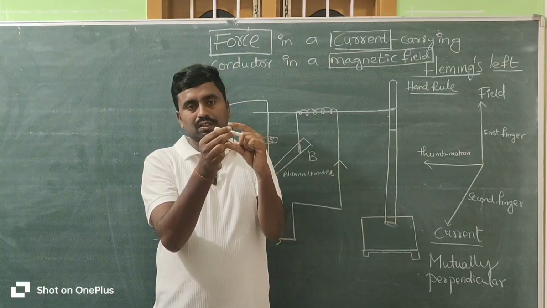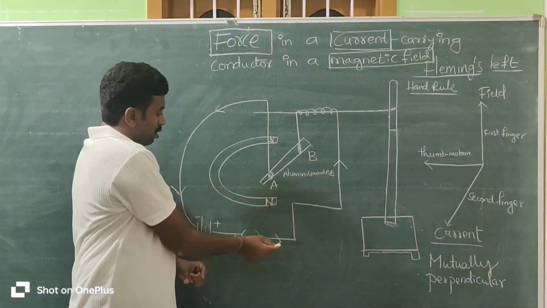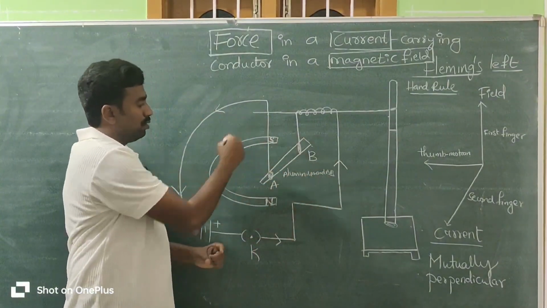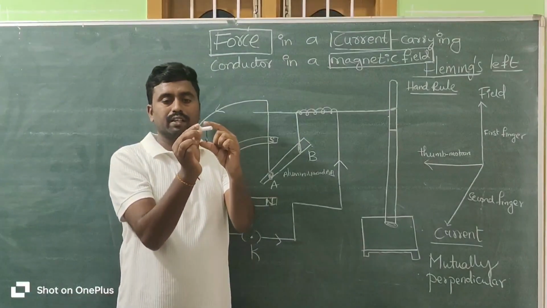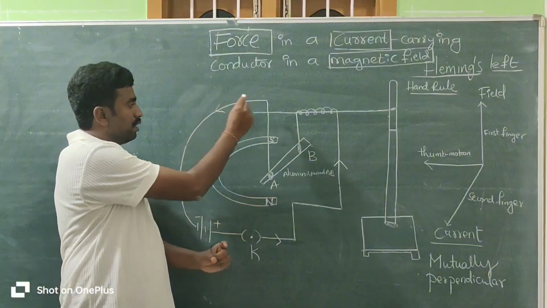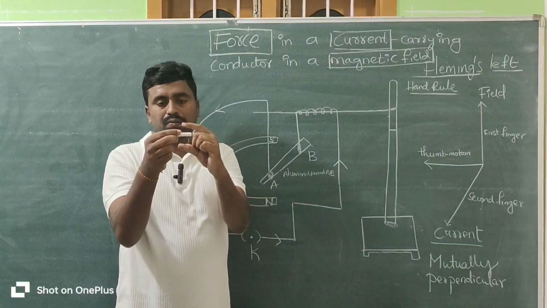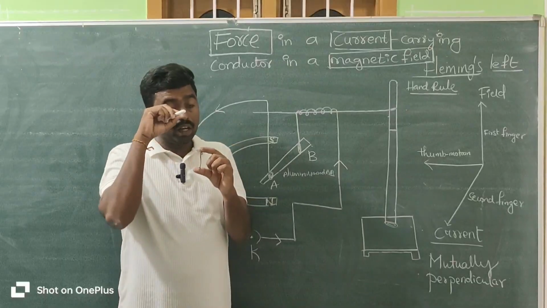Next observation, we need to change the direction of current, and now the aluminum rod turns to the right side. Okay, let's see, now it is turning right side.